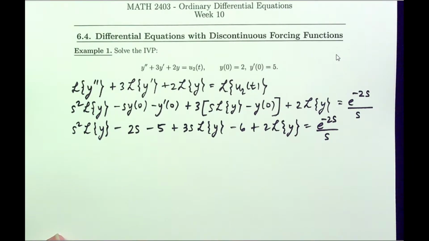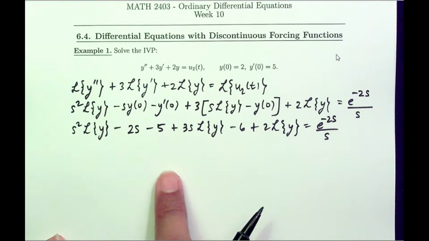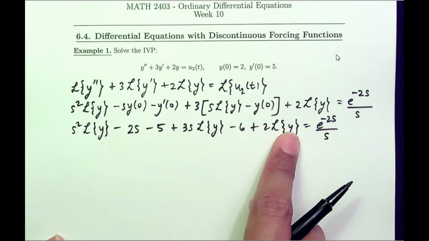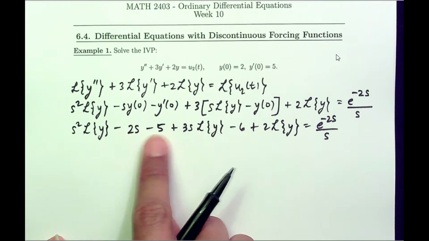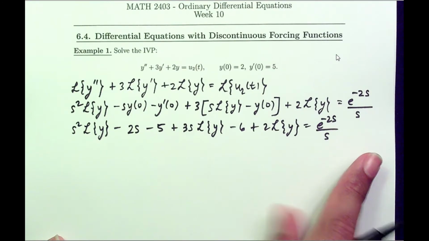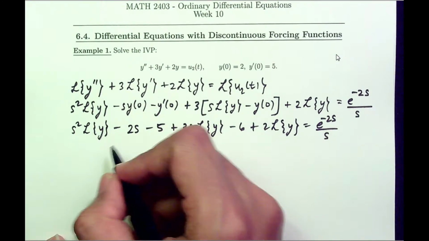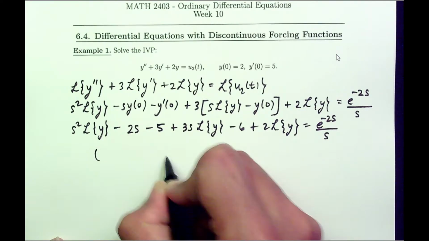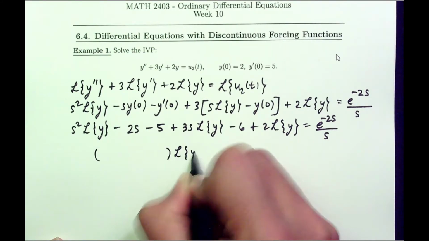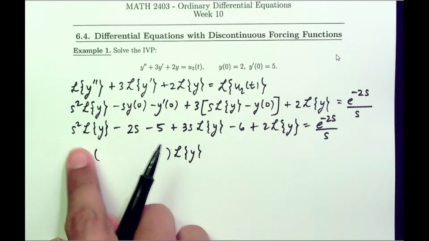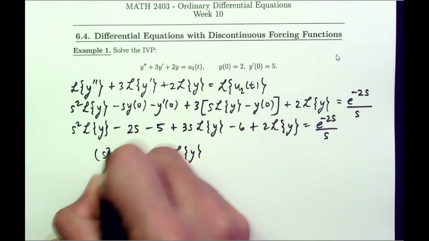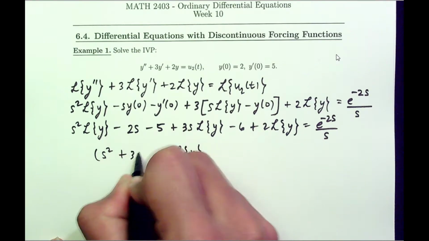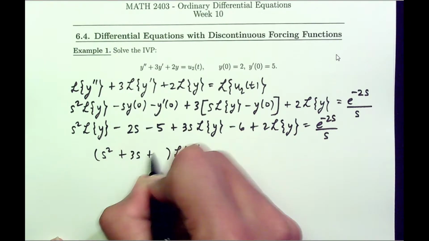Okay, now we're going to solve for the Laplace transform of y. We're going to collect these like terms, and everything else needs to go to the other side, because we want only the Laplace transform of y. Collecting the coefficients, this is s squared plus 3s plus 2.